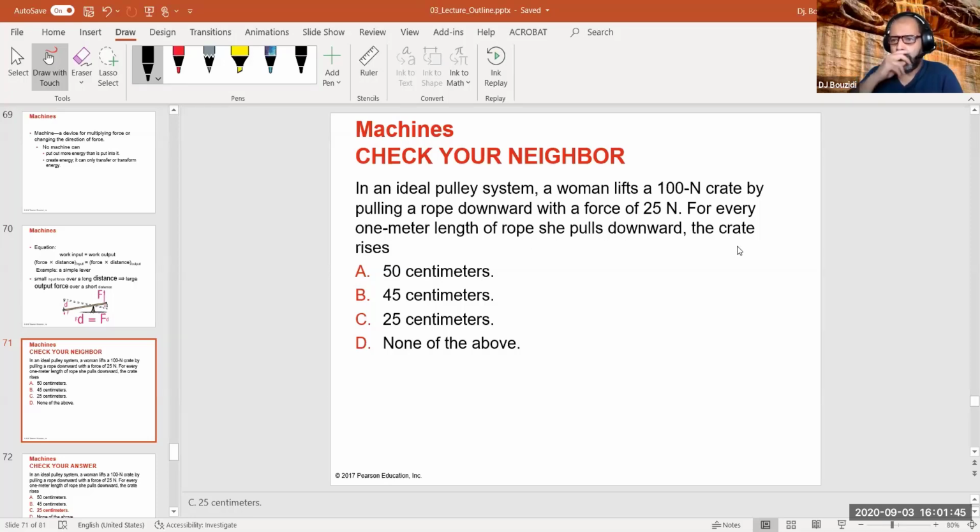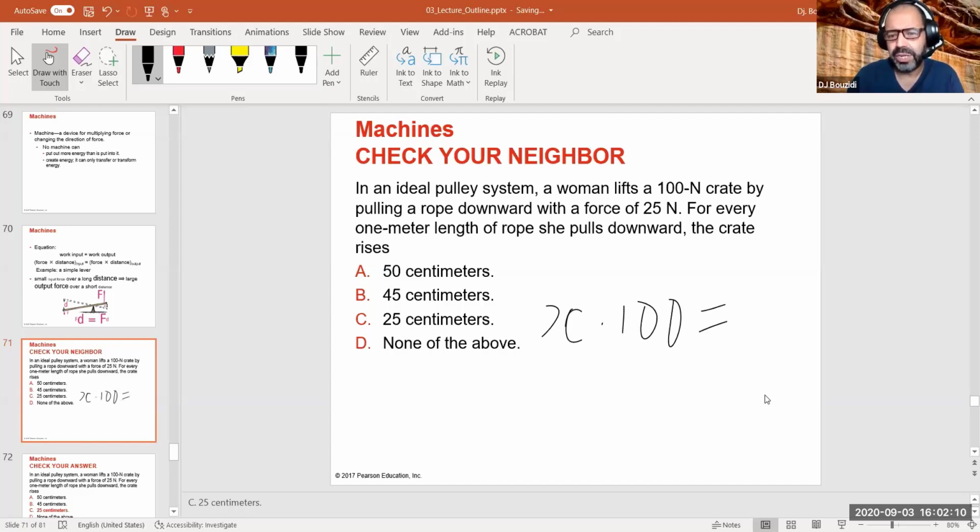Because, remember, for every 1 meter length of rope, she needs to pull 1 meter for the crate to rise how much? The crate will rise in X amount. Let's do the algebra quickly in here. So the crate will rise in X amount, which I don't know, times the weight of the crate, which is 100 Newton.